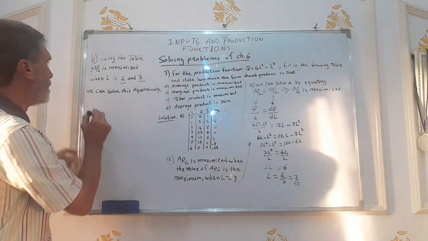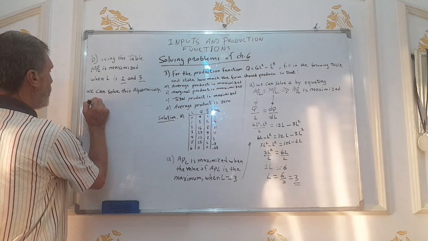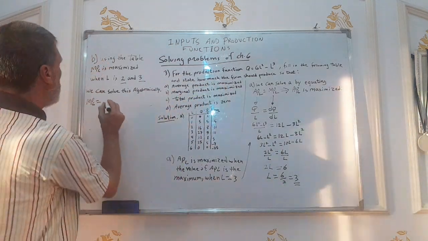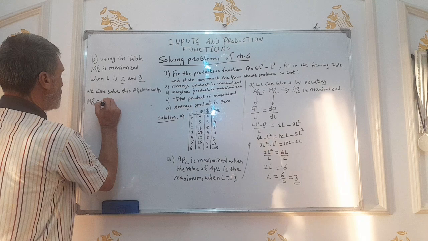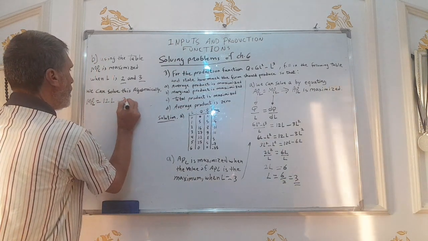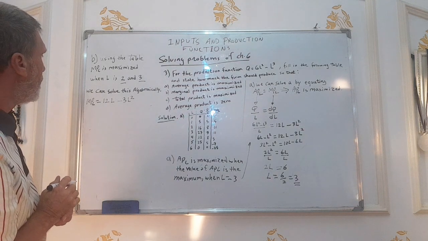So now marginal product of labor is equal to the derivative, 12L minus 3L squared. This is the marginal product of labor.